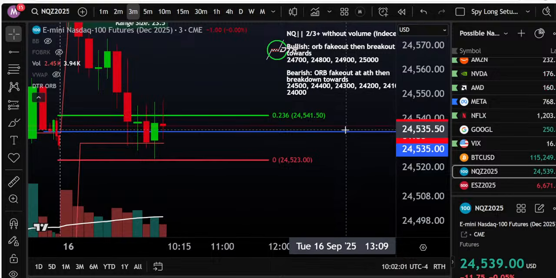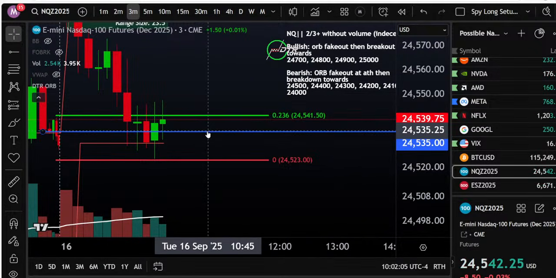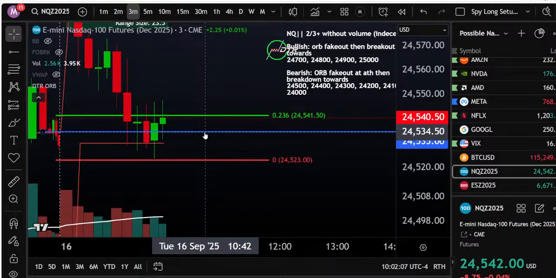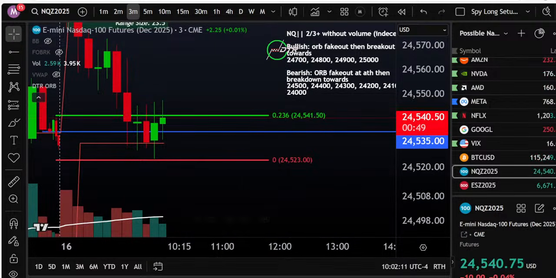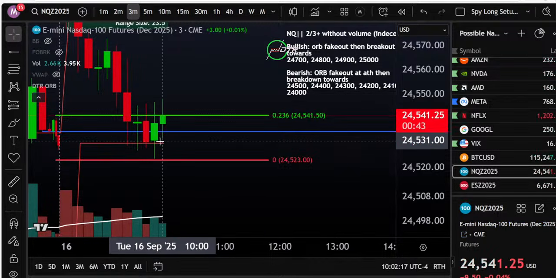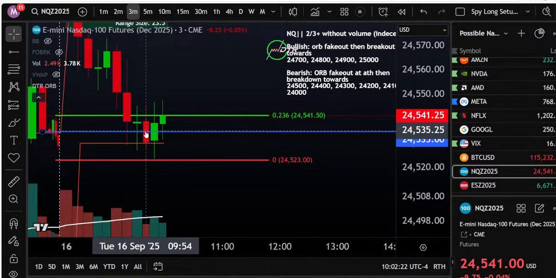When I'm placing a trade, all I'm looking for is did I get a better entry than reference price or a worse entry? So if I got my reference price here at 535, all I'm trying to do is get the best possible entry I can under that blue line. That's my only thought, right?